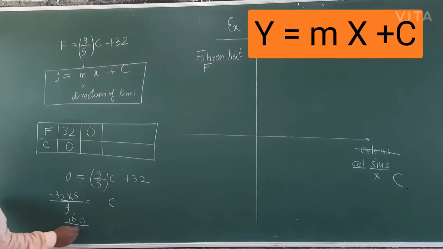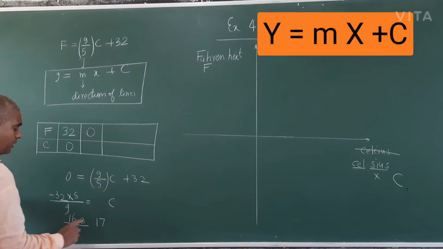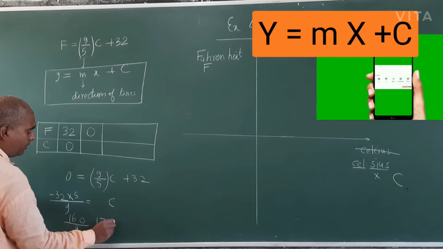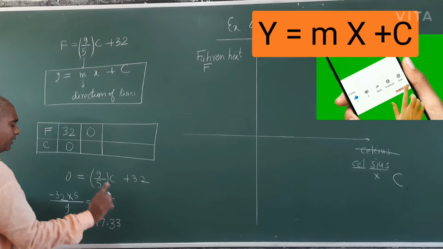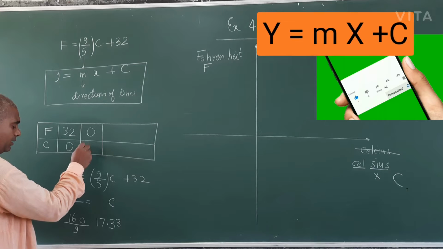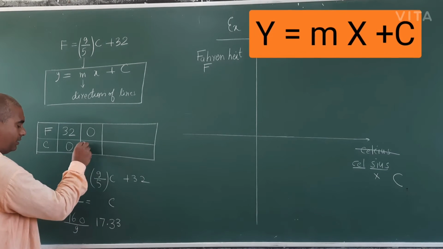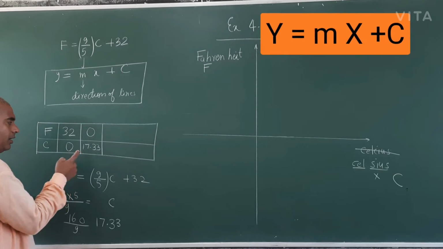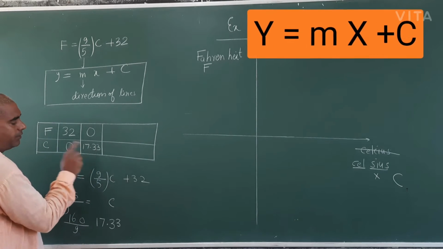That gives 17.333 because it is a 3, so the decimal will not terminate. So this is minus 17.33; if you don't measure here, you will see it coming automatically.